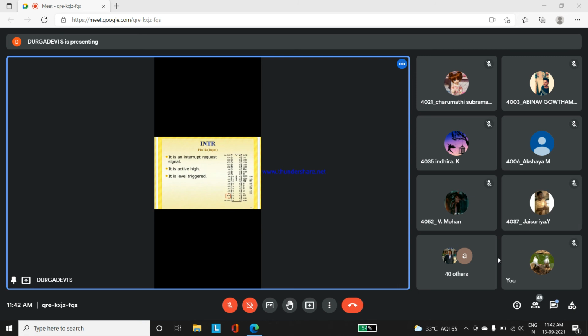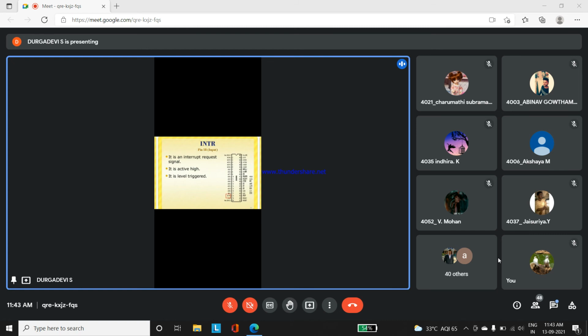What is an interrupt and how interrupts are handled is important. The processor can do only computation work. Other works, like reading and writing, become a burden for the processor. You have connected input and output devices.